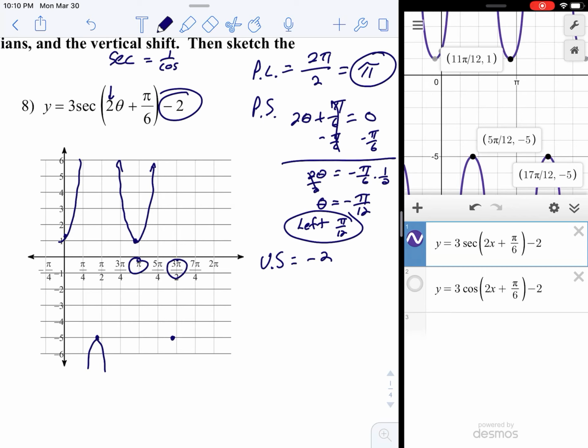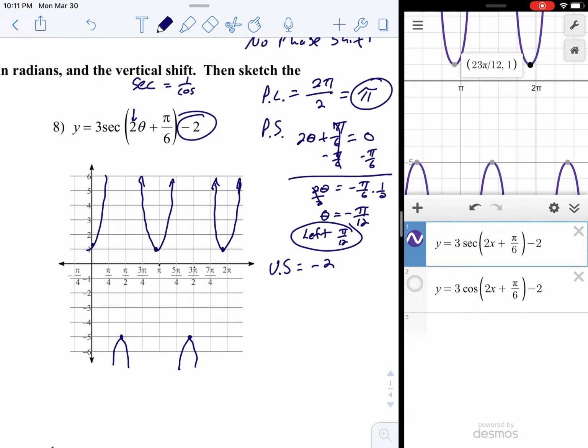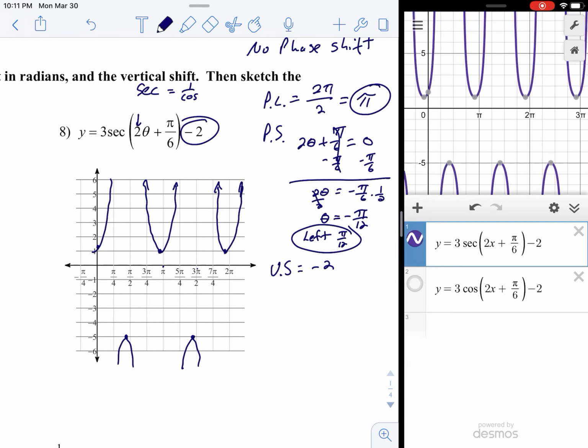So if I just move over a little bit, we've got this one. And then just short of 2 pi, 23 pi over 12. So 24 over 12 would be 2 pi. 23 over 12 would be just a little bit short of that. And we get kind of like this. So not pretty, but not bad.